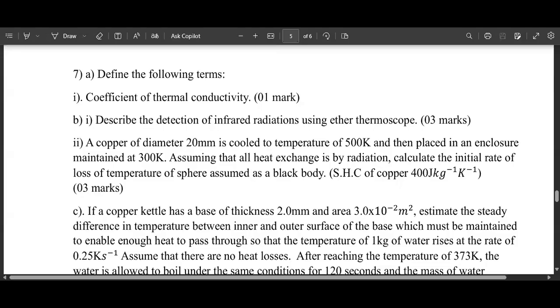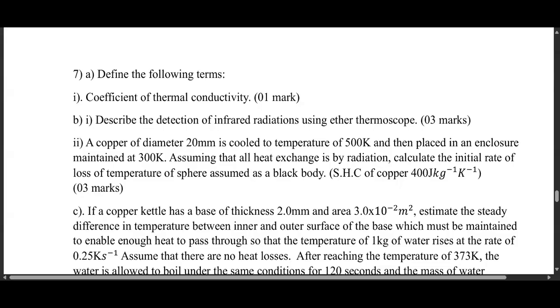Now, part B, they want us to describe detection of infrareds using ether thermoscope. Remember, among the properties of infrared, infrared causes change in temperature. And because I'm using ether thermoscope here, it's always composed of liquid what?